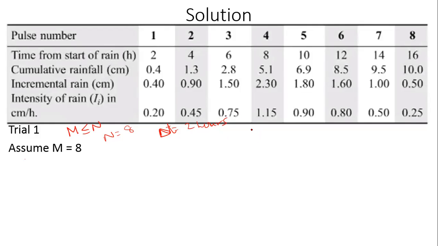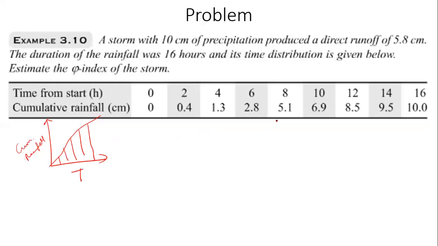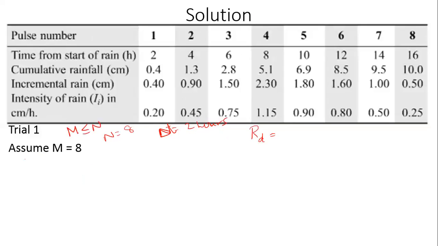What is RD? RD was given in the previous slide. RD is 5.8 centimeters and capital P, total rainfall, is 10 centimeters.